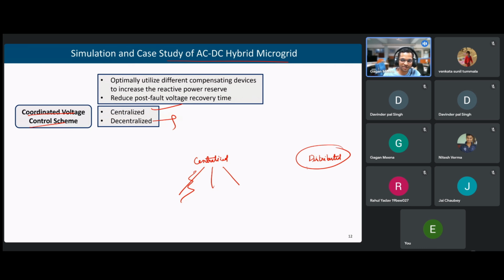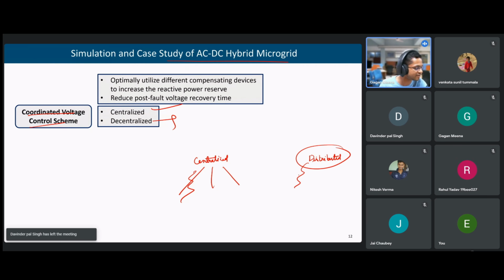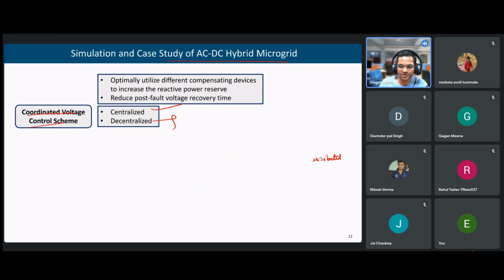But in distributed, even if one of the links fails, we can still work with the rest of the links because each one is communicating with its neighbor. That's why distributed is better. Here we have only two schemes, centralized and decentralized, and in the lecture decentralized was discussed because it does not require any communication.